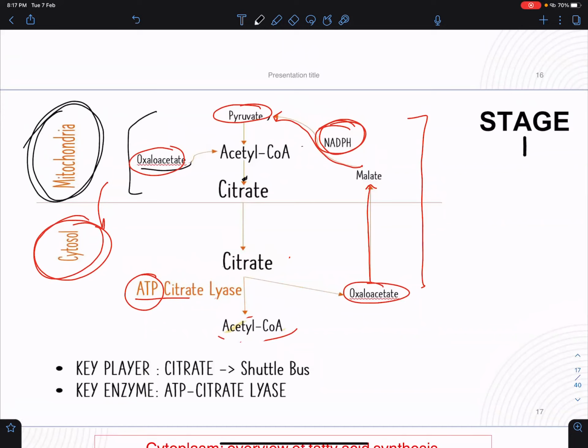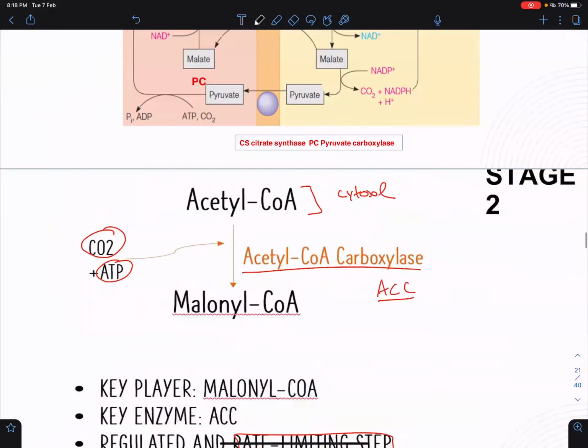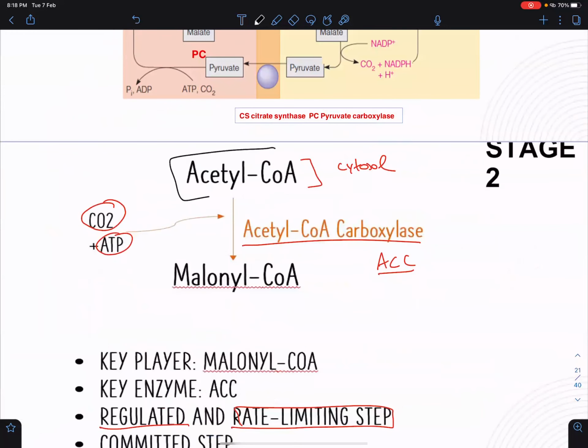Okay, so now that citrate has accumulated, we want to move it to the cytosol. Why? Because the cytosol is where fatty acid synthesis takes place, not the mitochondria. But citrate is in the mitochondria because of the Krebs cycle happening. So it moves from the mitochondria to the cytosol. After that, it breaks again into acetyl-CoA and oxaloacetate. Why? Remember what happens in stage 2? We start with acetyl-CoA, right?